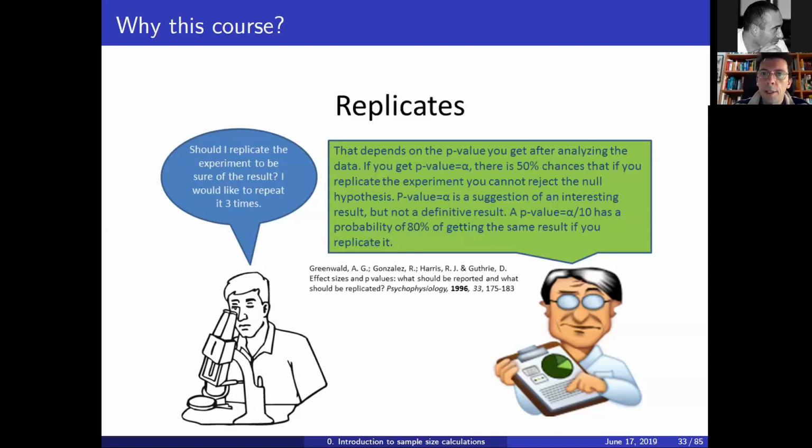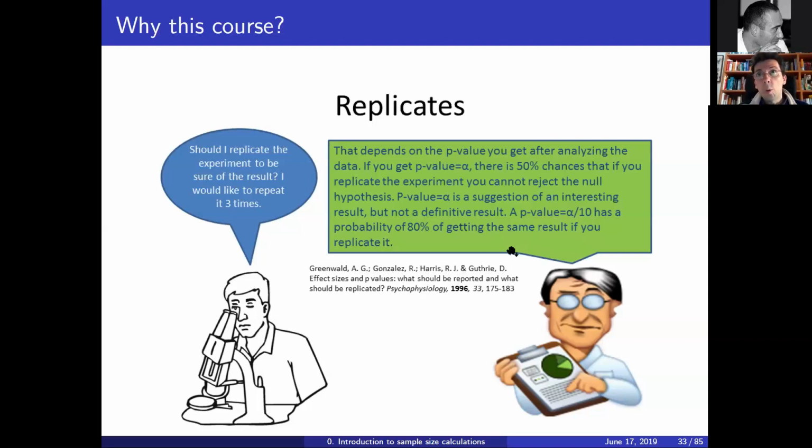If your p-value is really low, say 10 to the minus 6, no matter how many times you repeat the experiment, you will always get the same result because it is so significant. For instance, if the p-value is a 10th of the threshold, then there is an 80% probability of getting the same result if you replicate it.